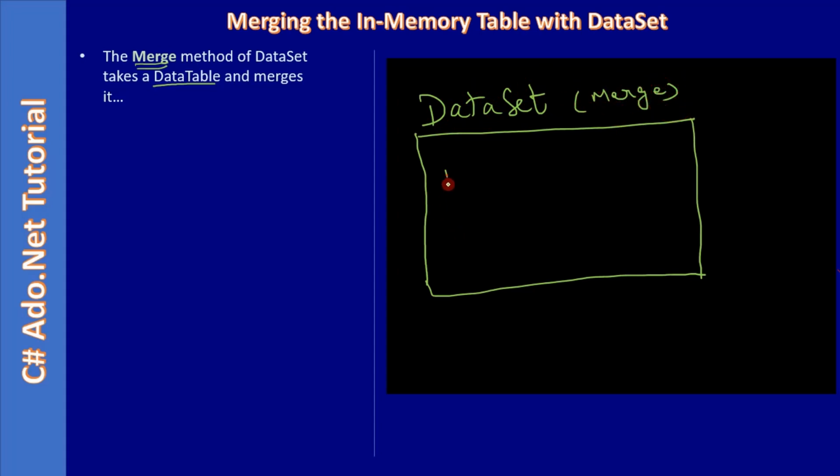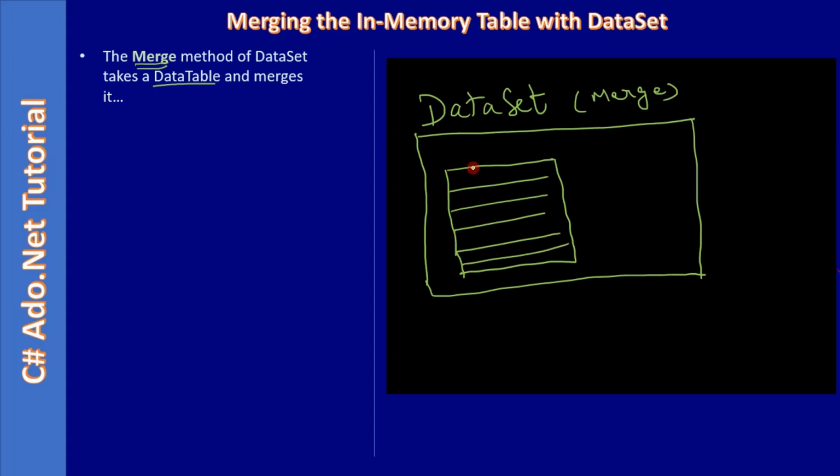Let's state that the dataset is already having a data table. And to this merge method, let's state that we are giving one more data table.